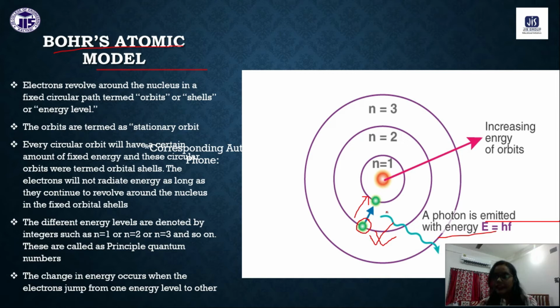According to the Maxwell theory, the electrons should radiate continuously, but that is not actually the case.